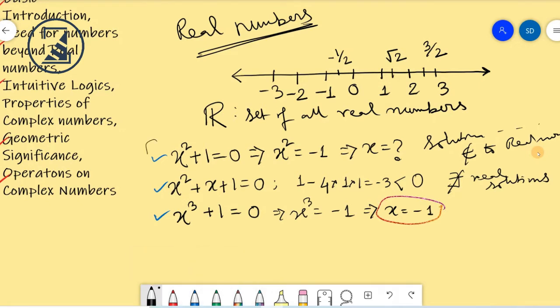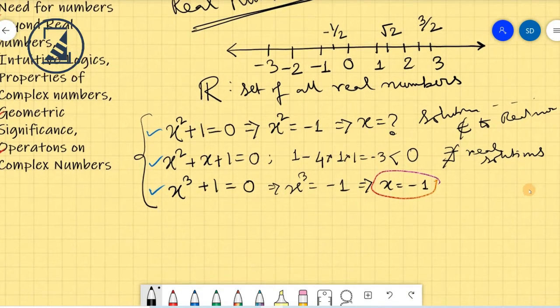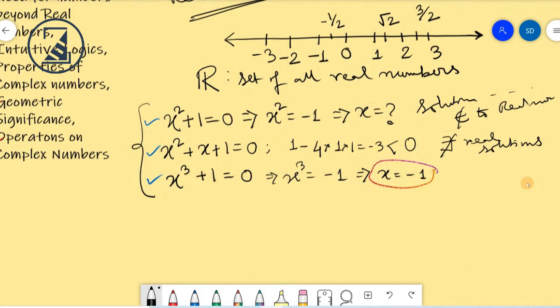But the problem with all these three equations is a theorem, and the theorem states that a polynomial of degree n has exactly n roots. So this is a polynomial of degree 2, so it must have two roots. So we must find two solutions. This equation also has two roots.